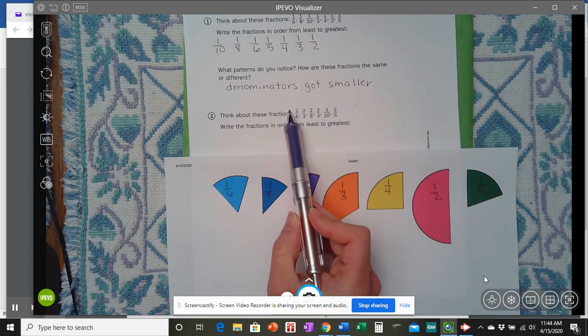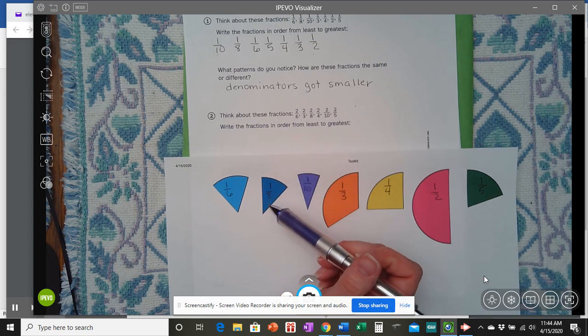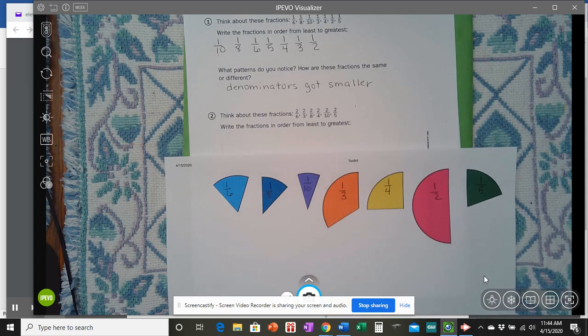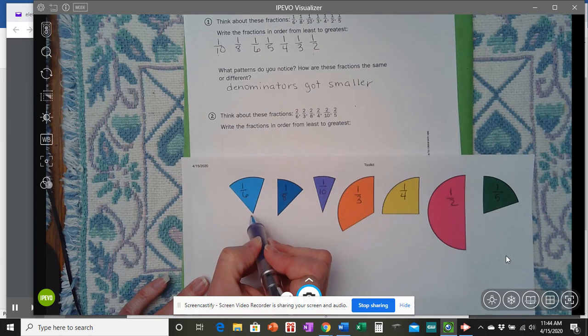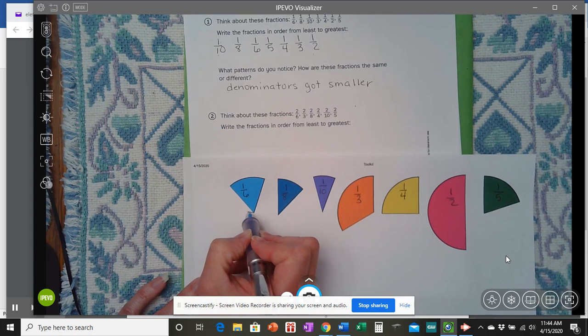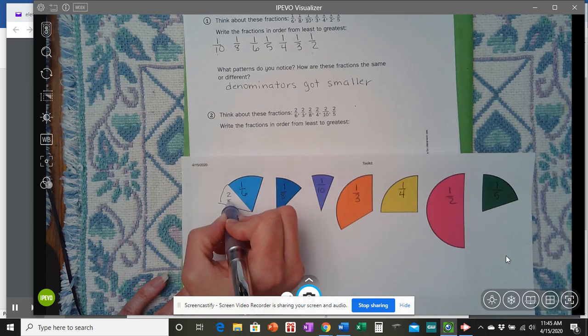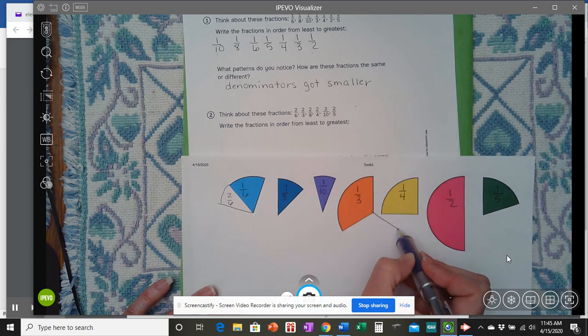Now, is the top number, the numerator in this one, going to make any difference? Probably not, but we'll have to do a little bit of looking. Let's look and see. Okay, so I'm going to have 2/6. I'm actually just going to draw. So there's 2/6. And we're going to have 2/3.